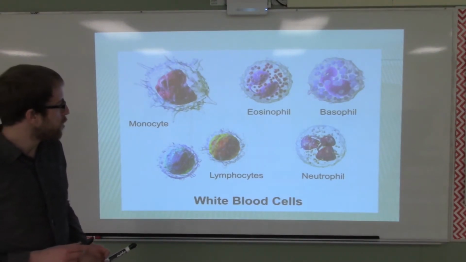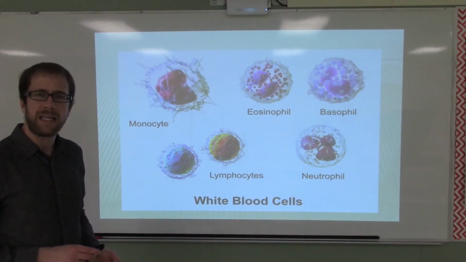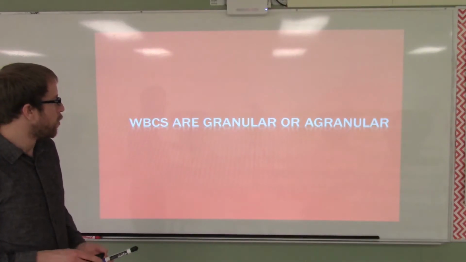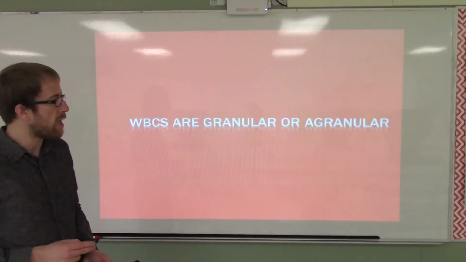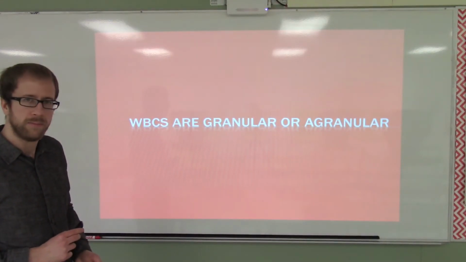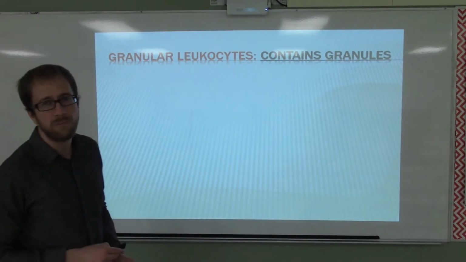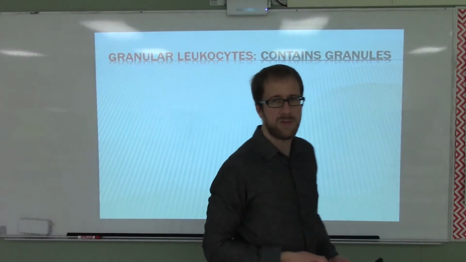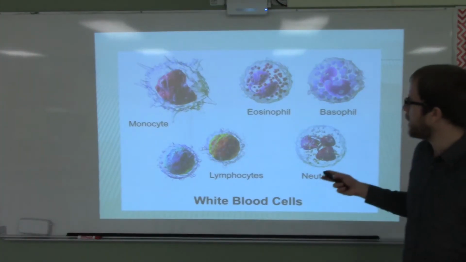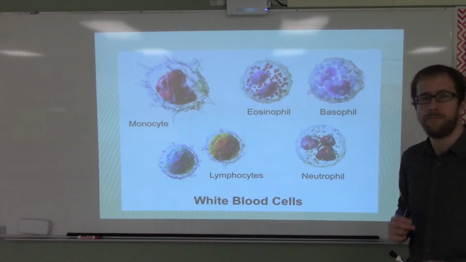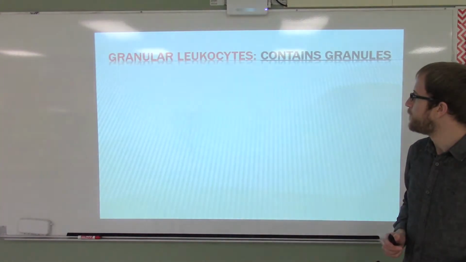So, we break these up into 2 different classes. One class is going to be your granular white blood cells, and the other is your agranular. Now, your granular leukocytes contain granules. You saw that probably in this picture right here, right? They are the ones that have these visible vesicles full of granules.